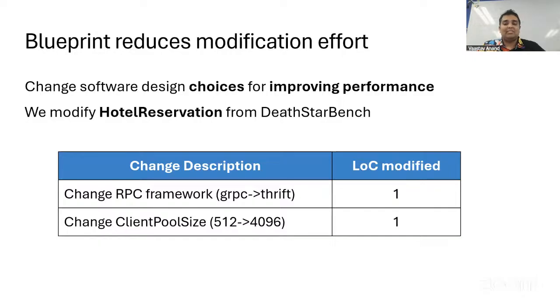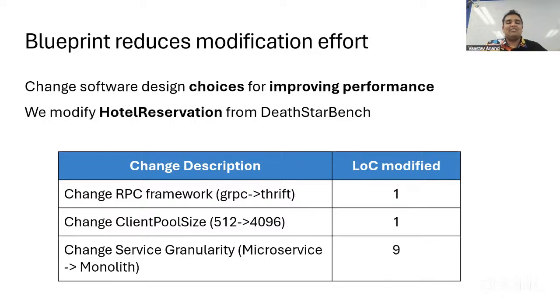Changing the client pool size required a further one line of code change, by changing the parameter for the maximum number of clients from 512 to 4096. And changing the granularity of the deployment from multiple microservices to a single monolith required a 9 line code change. Blueprint makes modifications easy by restricting the changes required strictly to the wiring specification, allowing the compiler to do the heavy lifting that a user might have to do manually without Blueprint.